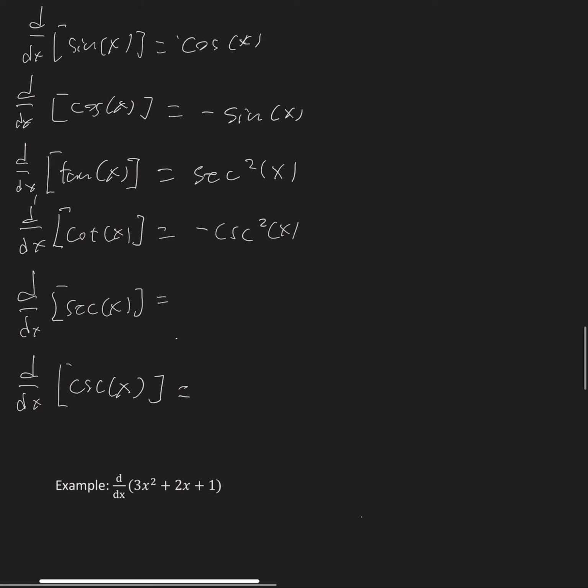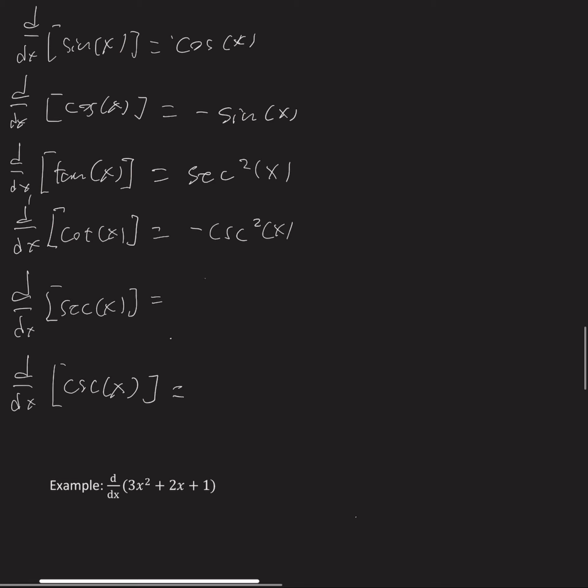The derivative of secant of x is equal to sine of x over cosine squared of x, which is equal to tangent of x times secant of x. I will usually only memorize this one instead of the other.